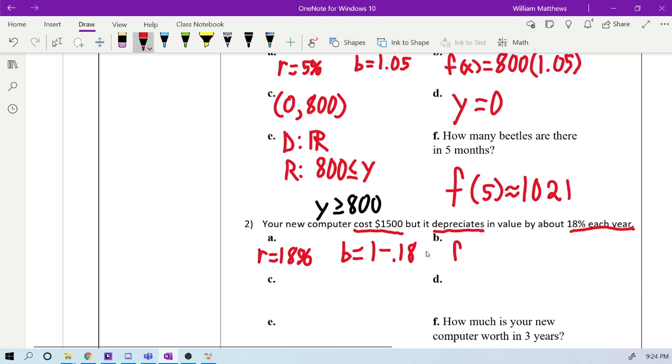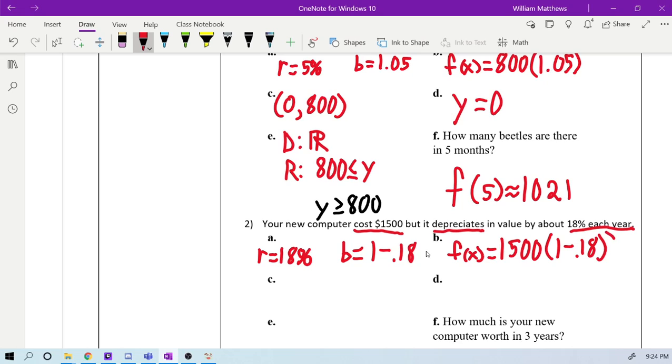Our function yet again is f of x. It is going to equal our start, which is 1,500, times the factor, which we did not simplify on purpose, being 1 minus 0.18, and all this raised to the power of x.